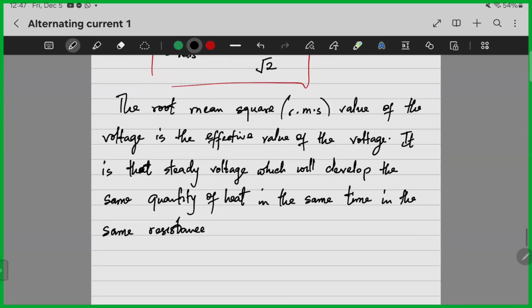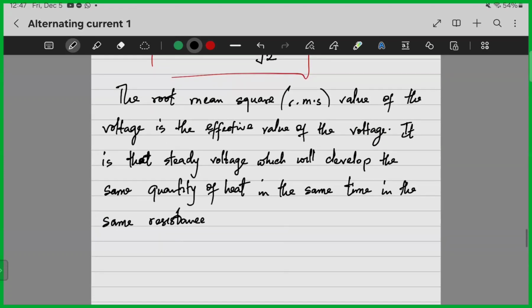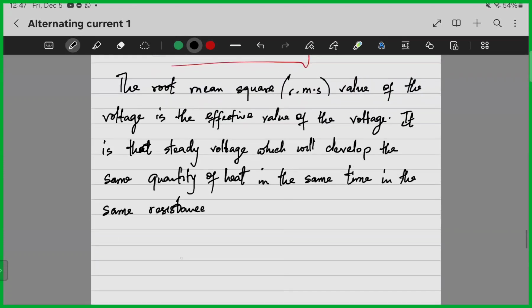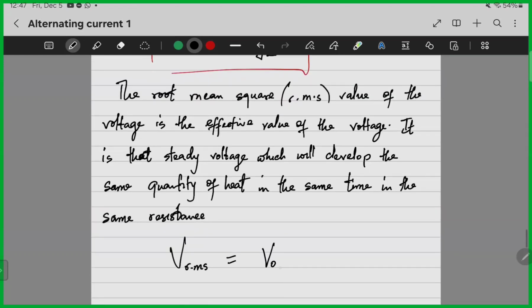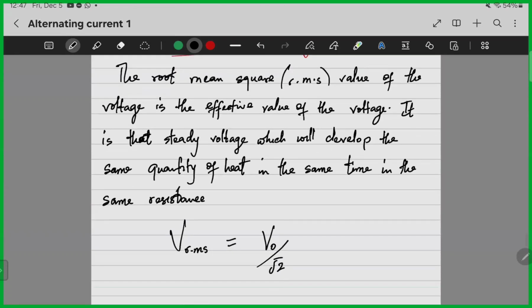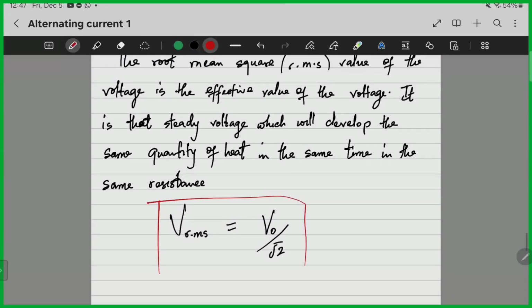So keep that in mind. Then you can write it as V RMS equal to V naught over root 2. So please keep this in mind.